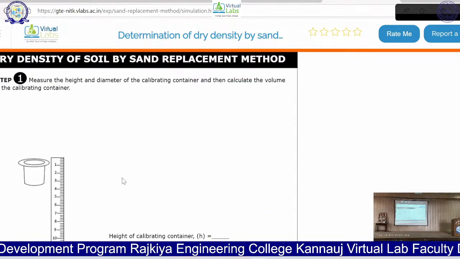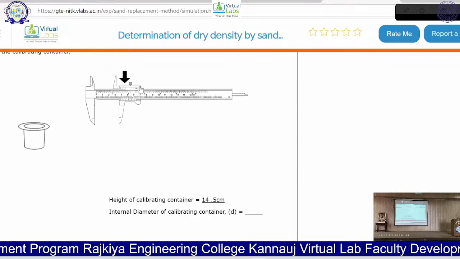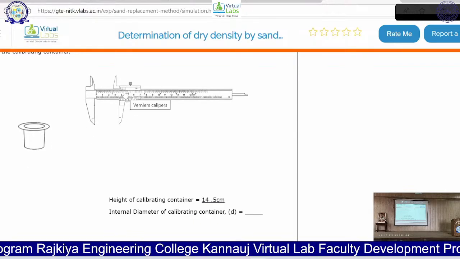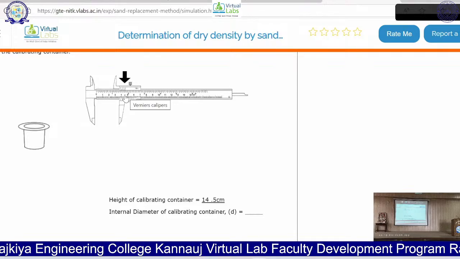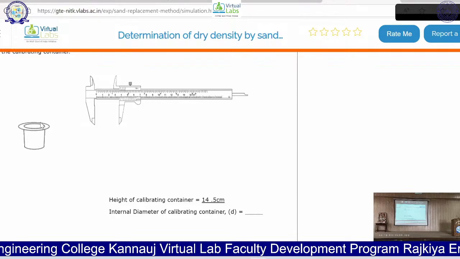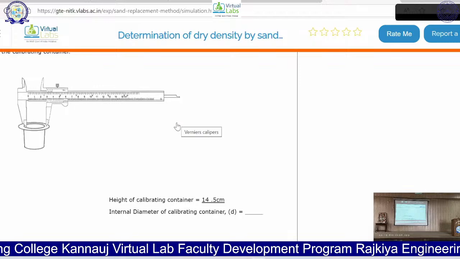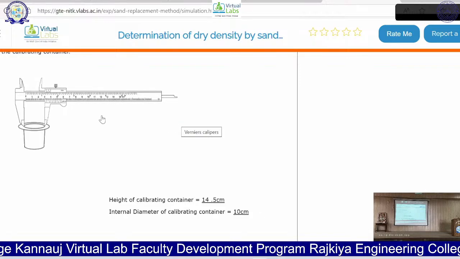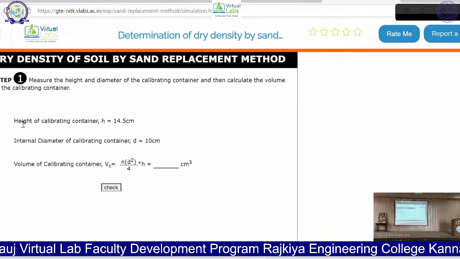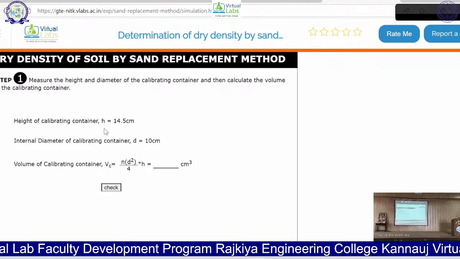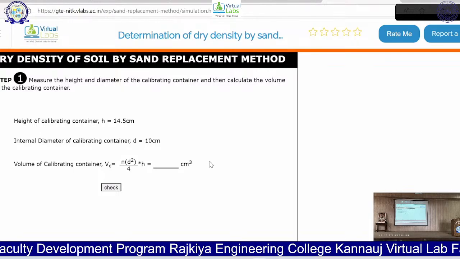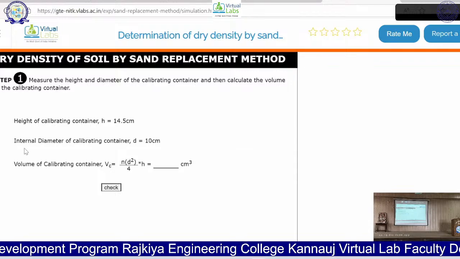Now you have to click on this scale, and this arrow shows that you have to now click on the vernier caliper that will measure the internal diameter of this calibrating container, and you will get the height of the calibrating container by clicking on this scale.